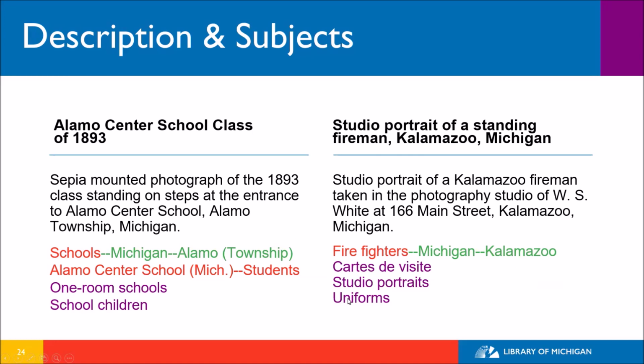And then all of the other information, like studio portraits, we were able to get from the Thesaurus for Graphic Materials. One hint too is that when you are adding subjects, try to have the most important subject first, the one that's going to be the most helpful to your users.